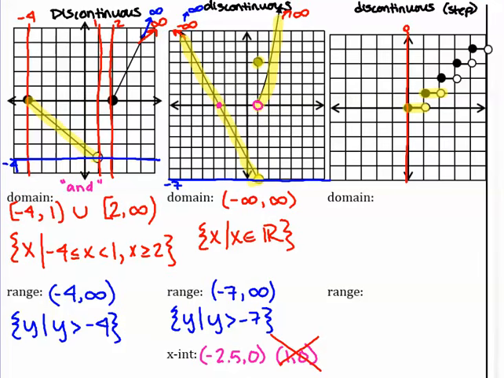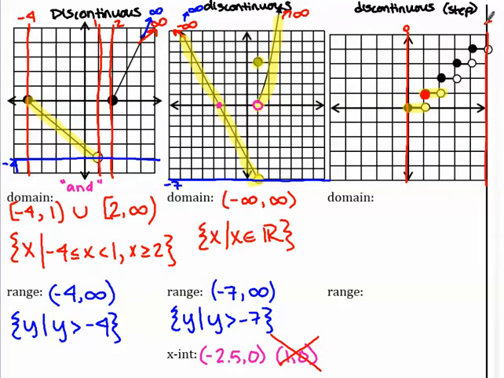But this first line starts at 0 and goes to 1. The second line goes from 1 to 2, the next from 2 to 3, 3 to 4, 4 to 5. And every time that there's a jump, there is a closed circle. So there are no gaps in the x values of the function.